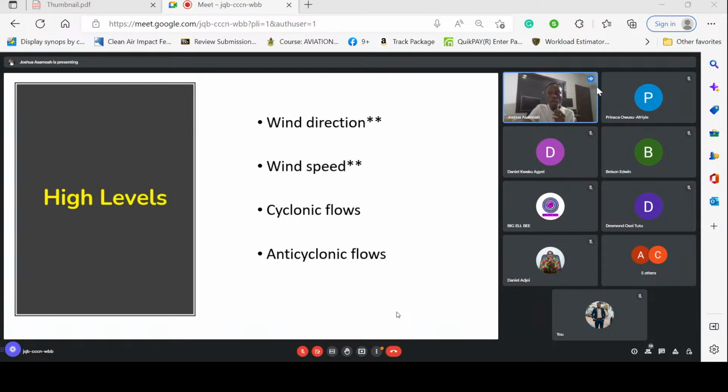But in the case where the 700 hectopascal is moving the storm in one direction, and then the 200 is also moving it in a different direction, what happens is that the tops of the clouds will be shed off by the 200 hectopascal level winds.